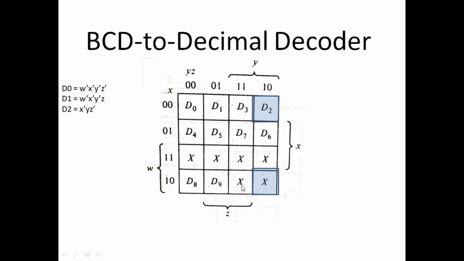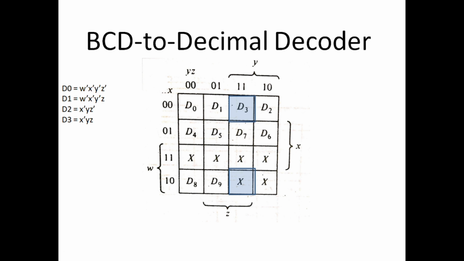So the simplified Boolean equation of variable D2 would be X prime, because X prime lies here and here, X prime, Y, and Z prime. So this would be the equation of D2, X prime, Y, Z prime. Similarly, if we continue like this for D3, then this square is a neighbor of X, and we can make a group of 2 squares.